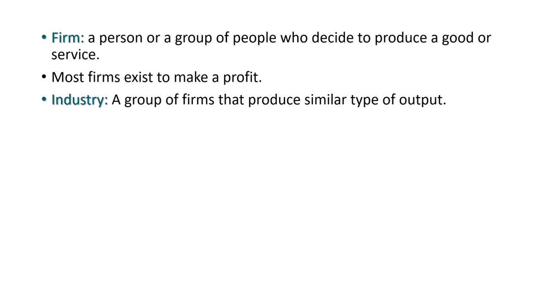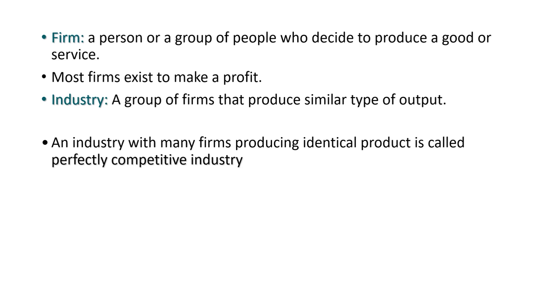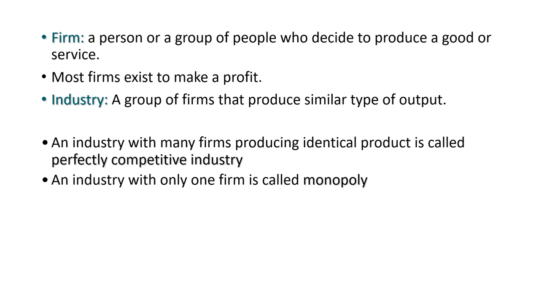An industry with many firms producing identical products is called a perfectly competitive industry, whereas an industry with only one firm is called a monopoly. It is very difficult to find a perfect example of a perfectly competitive industry as well as of a monopoly.